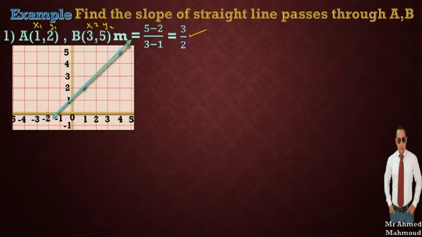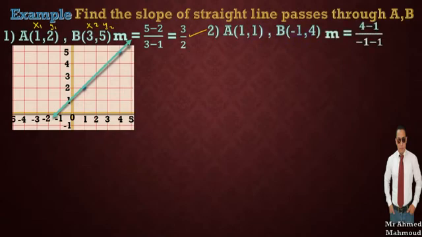Its slope is 3 over 2. Another example: A equals (1, 2), B equals (negative 1, 4). m equals (4 minus 2) over (negative 1 minus 1), which equals negative 3 over 2. Here we have the same slope but negative.